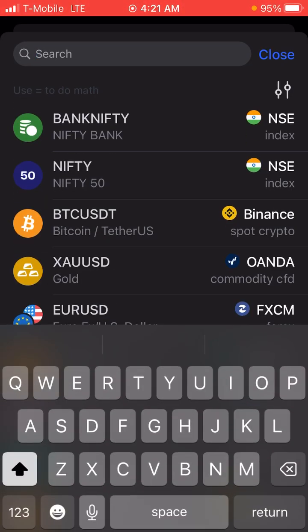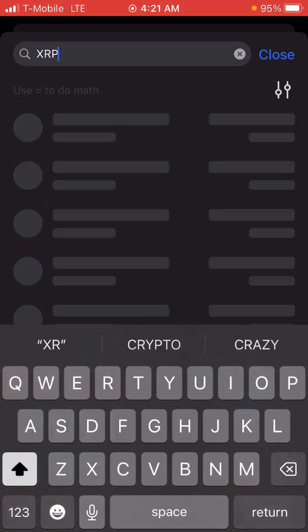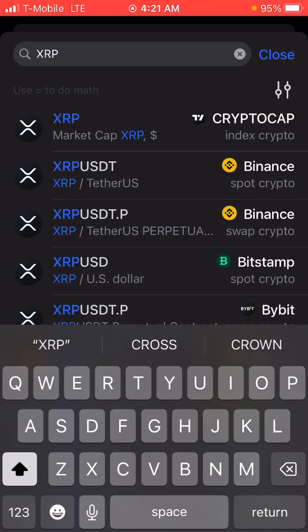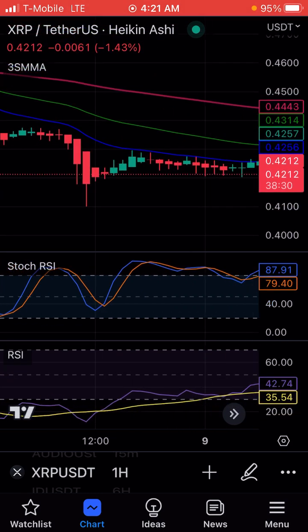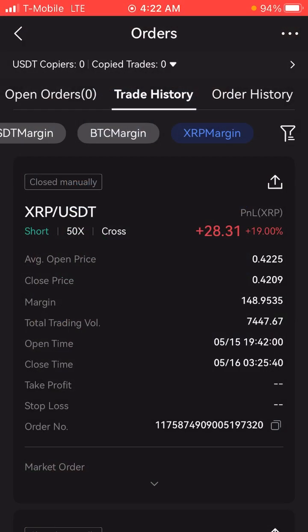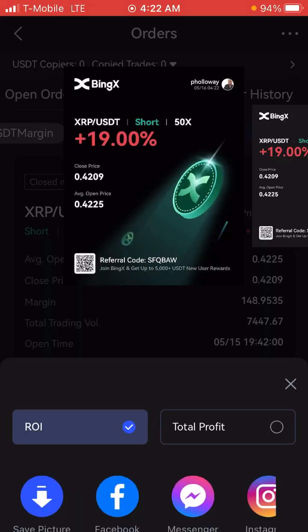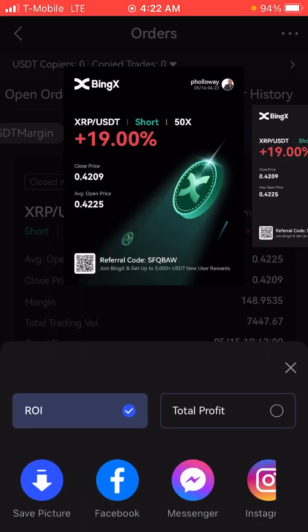Okay, first I want to focus on crypto, so let's do XRP. And to show you that this formula works, real quick before I even begin, I did an XRP futures trade last night. I set this up before I went to bed, and I made a total of 28 XRP, which was a 19% increase.